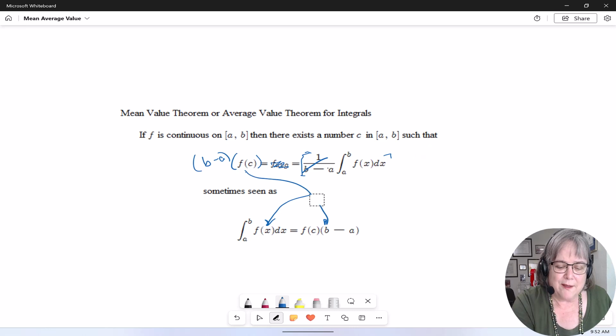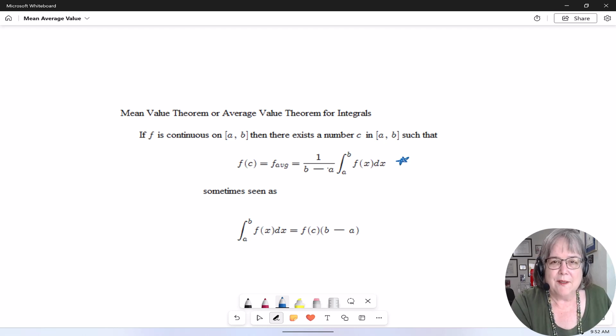So I just rearranged this one up here, so I know this one by heart. And if it's written in the text, or my teacher's writing it on the board, I would mentally translate it to this, okay?